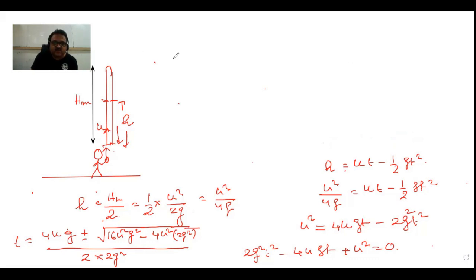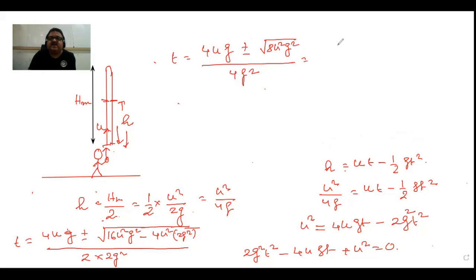If I simplify, t is equal to 4ug plus minus root over 16u square g square minus 8u square g square, that is root over 8u square g square, divided by 4g square.